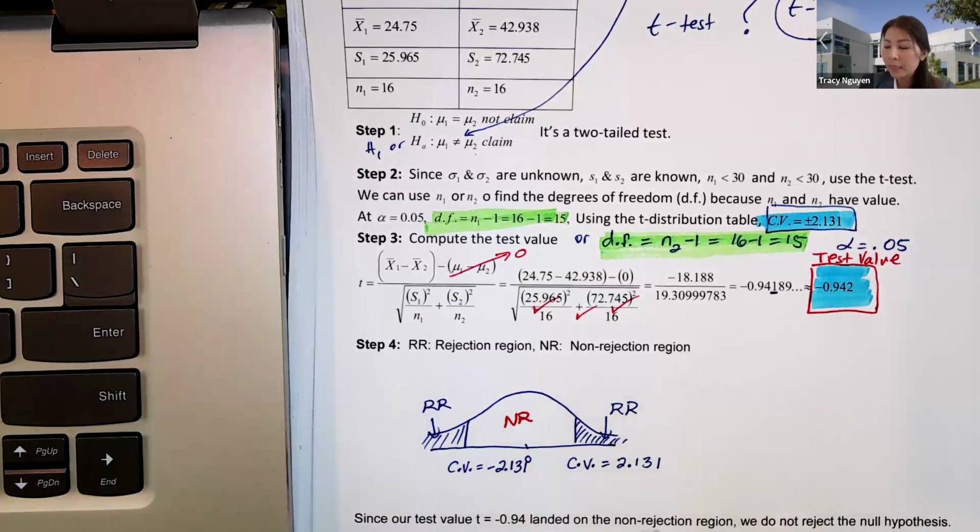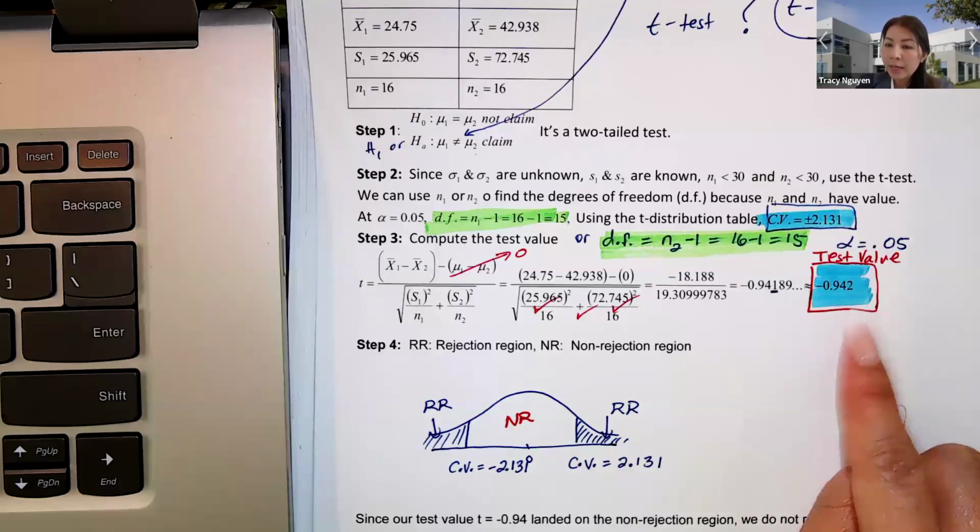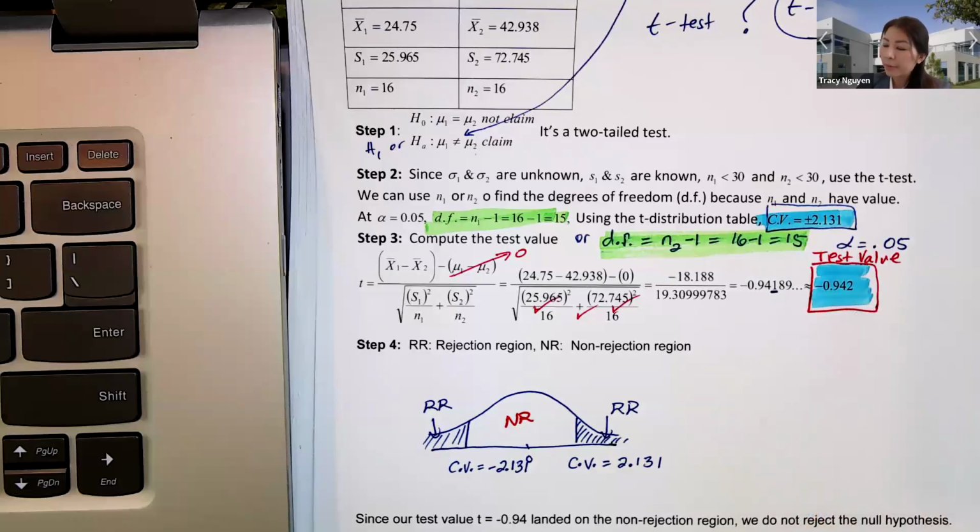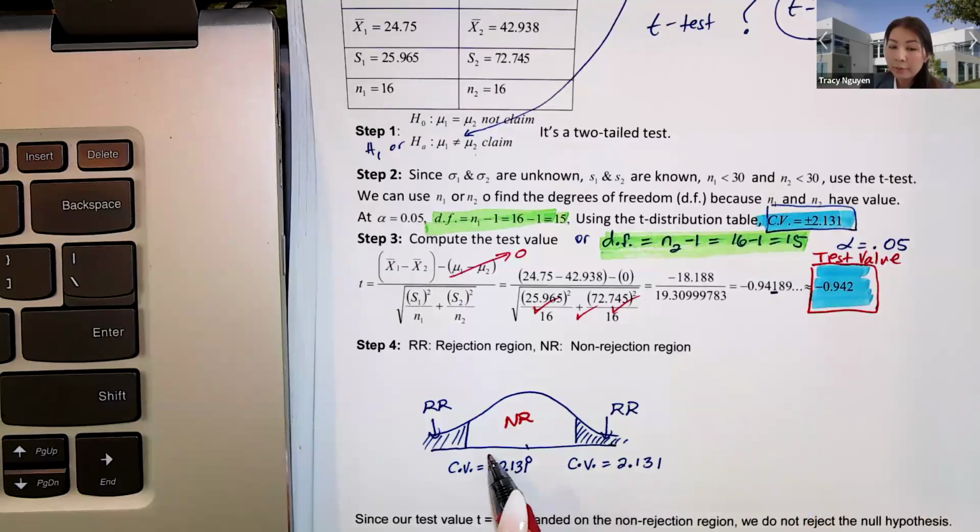So what we notice here, our curve is divided up into 3 regions, but our test value can only land on 1 out of the 3. So our test value of negative 0.942, where does it land? Negative, so it's to the left of 0, but it doesn't pass the negative 2.131.